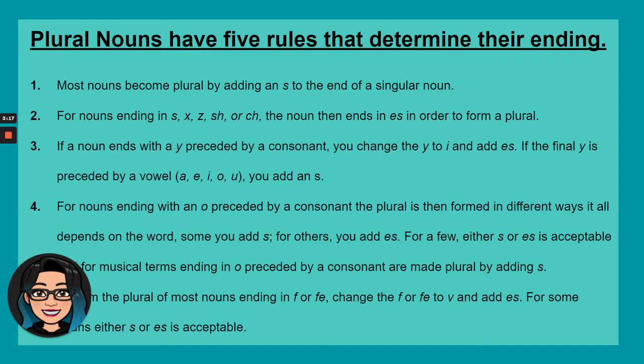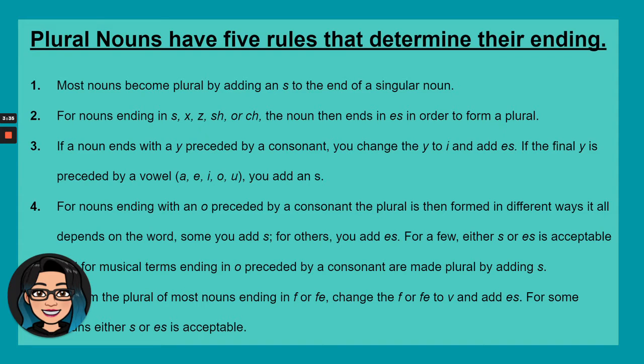So if it's CY, if it's KY, something like that without a vowel in front of it. So you add an S when you have a vowel that is before the Y.